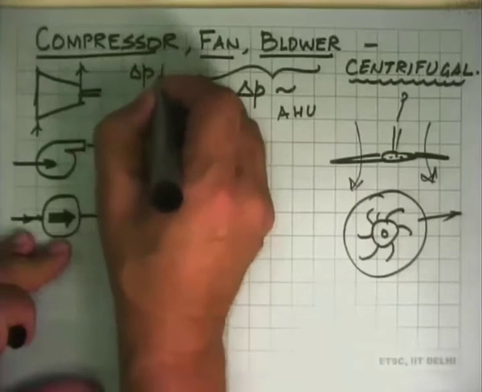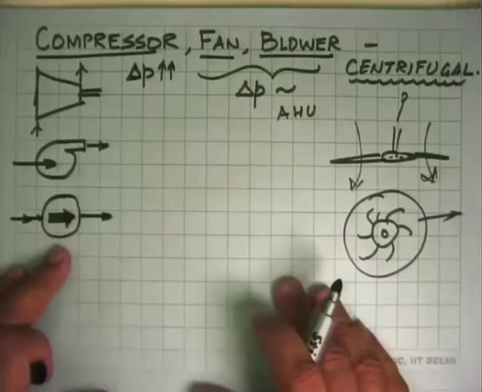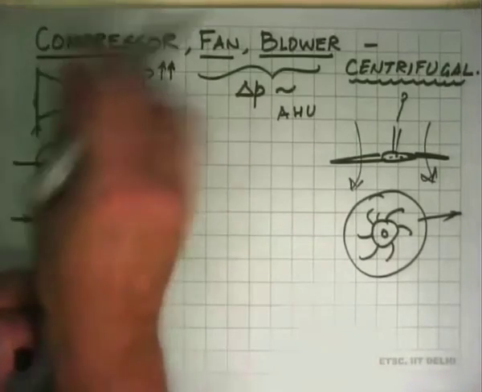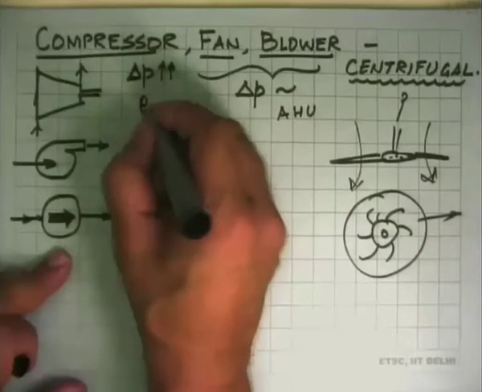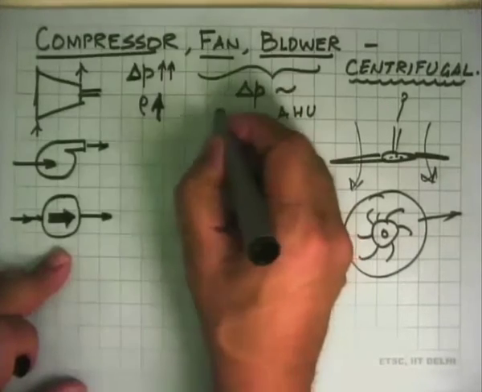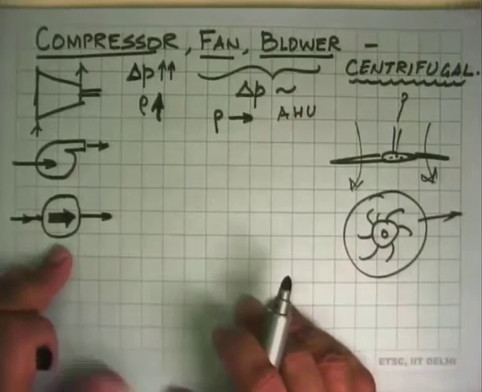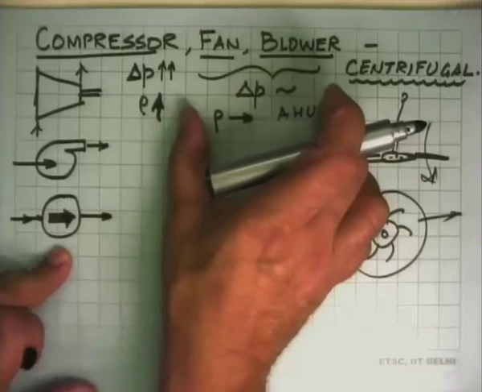Compressors, the difference is that delta P here is quite large and substantial. So here there is compression taking place. So density increases. Here density is almost constant. So we can treat this as incompressible flows.